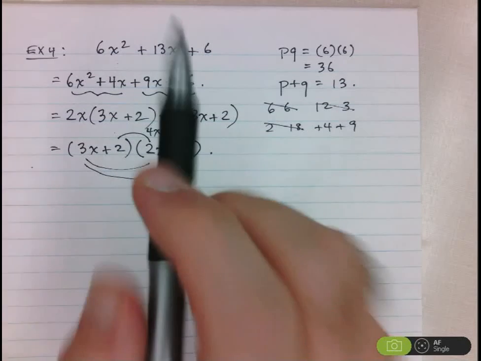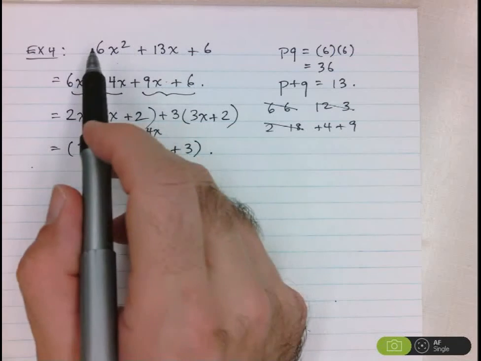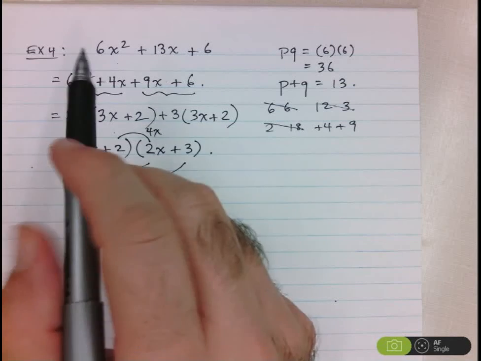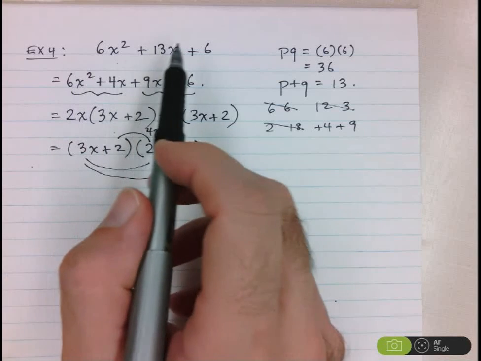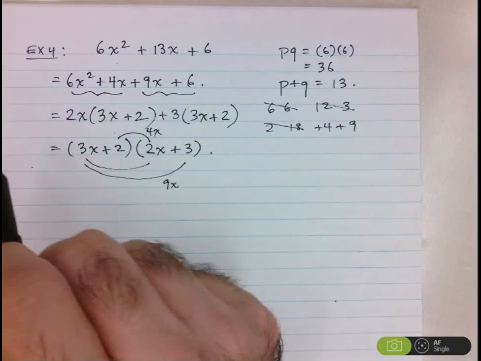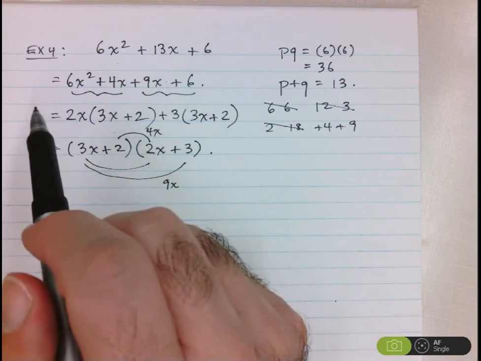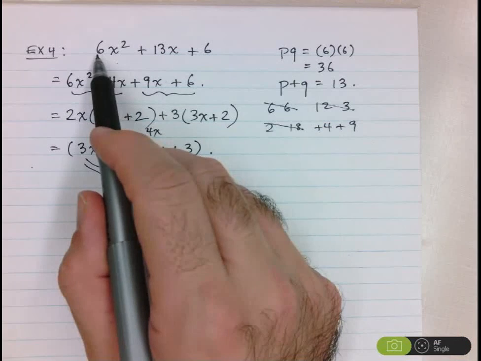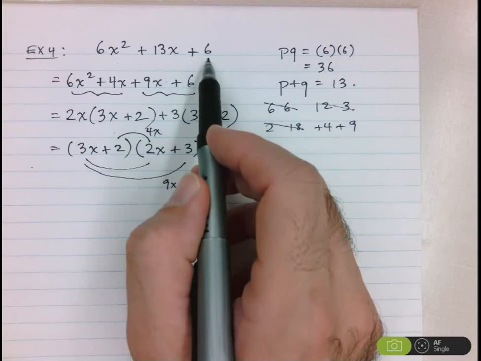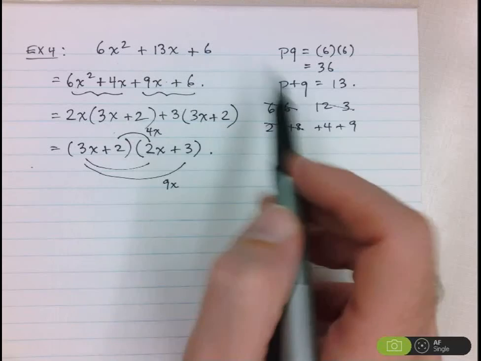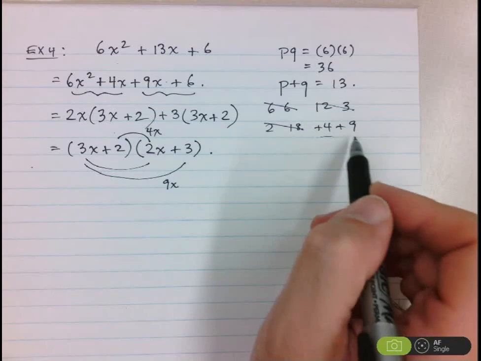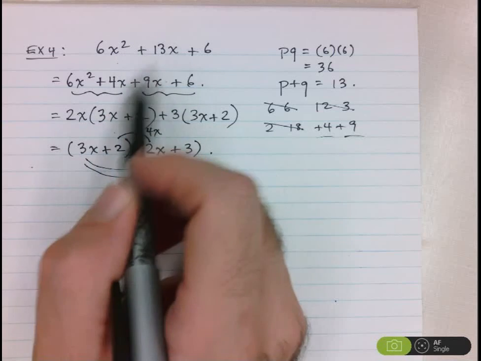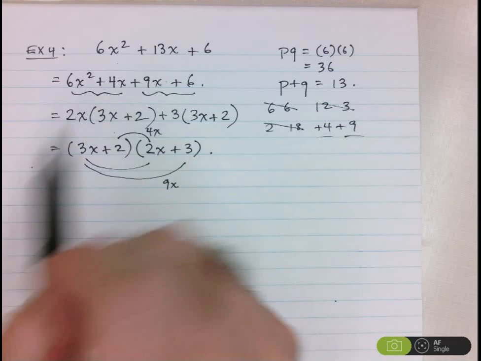Okay, so let's recap. When you're using decomposition to factor a trinomial, don't forget, by the way, to always look for a common factor first, because that might simplify things. But in a case like this where there's no common factor, step 1 is find two numbers that multiply to a times c and add up to the middle term b. Once you find those two numbers, you use them to decompose the middle term into two separate x terms.